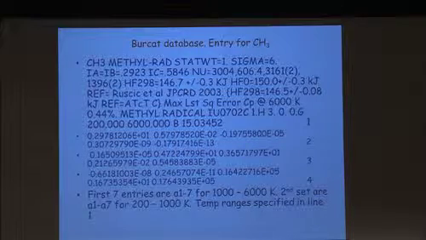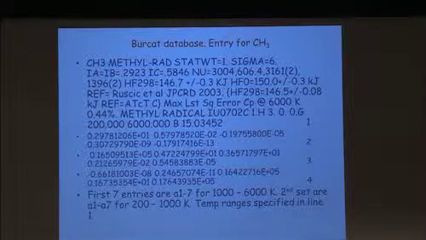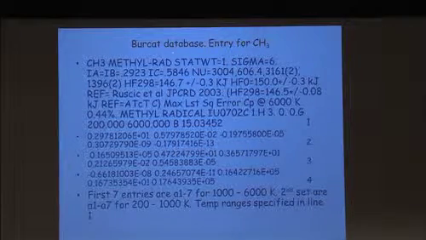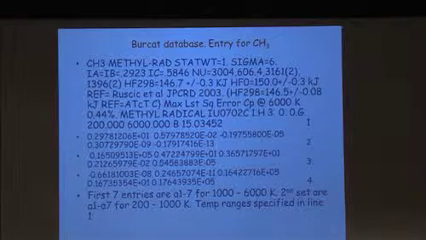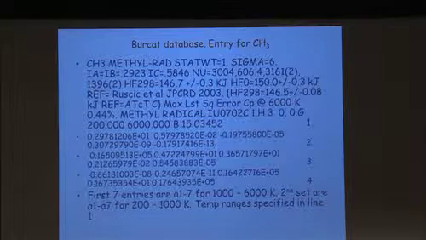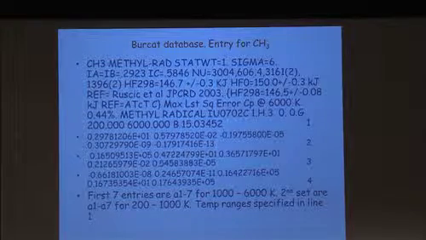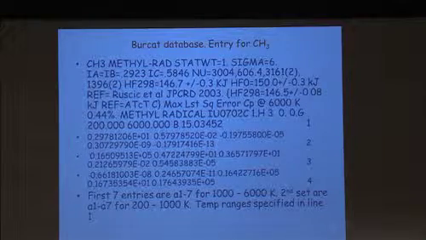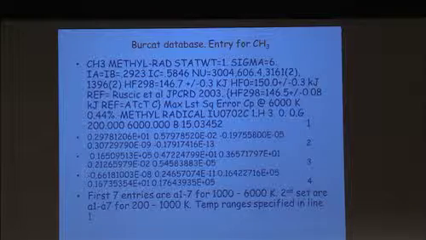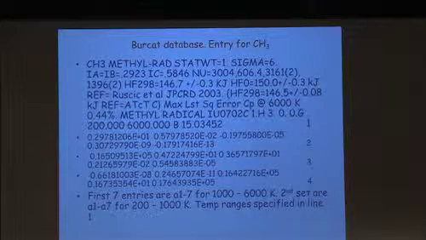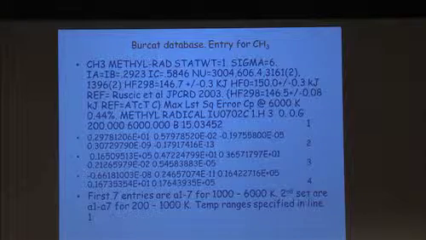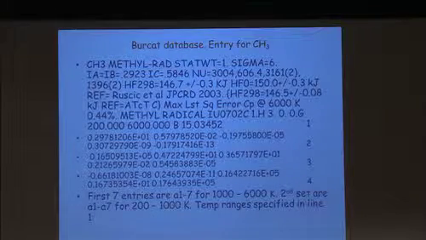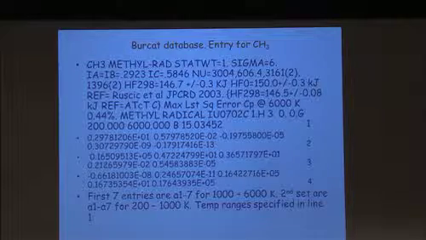And so the first few lines is information on methyl generally. So sigma equals 6. This is related to something called the symmetry number of CH3, which if you're using statistical mechanics, you need to know something about. These are the moments of inertia. These are the frequencies. Nu are the frequencies.